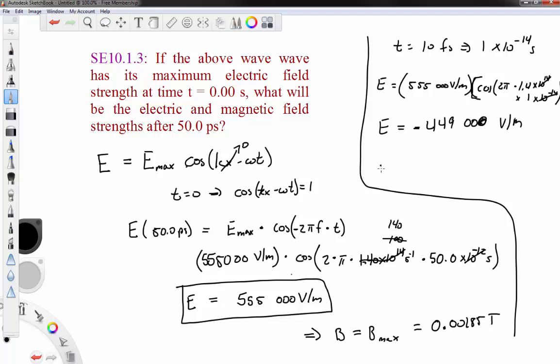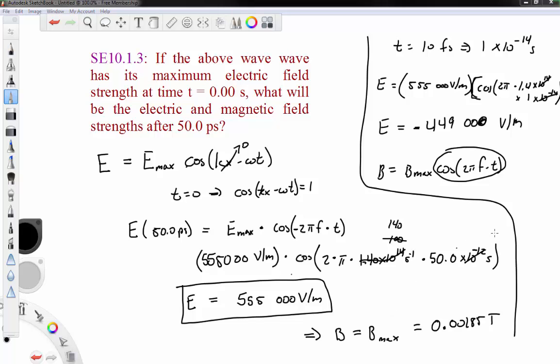And similarly, B will be B max times cosine of 2 pi f t. And so this right here will again be the same value as this, and so we would multiply the cosine by 0.00185 Tesla.